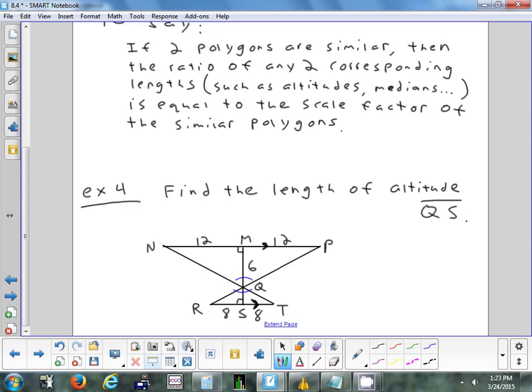This one's a little trickier. So somehow we're looking at angles N, P, R, and T. Is there any way that I can show those are the same somehow? Pick one of the angles in the top that is the same as one in the bottom. Alternate interior angles. What about alternate interior angles? They're the same if what?